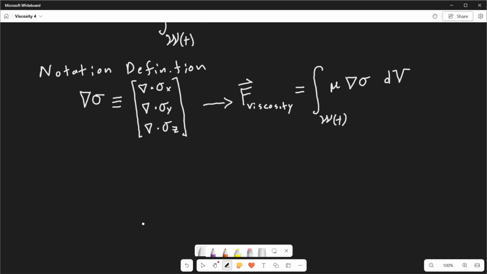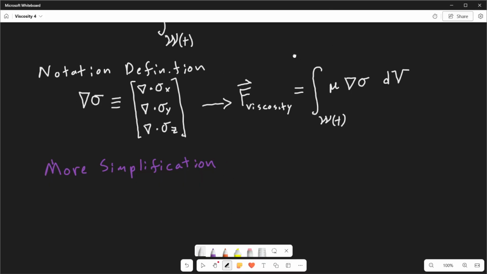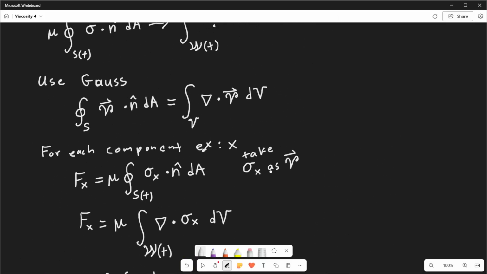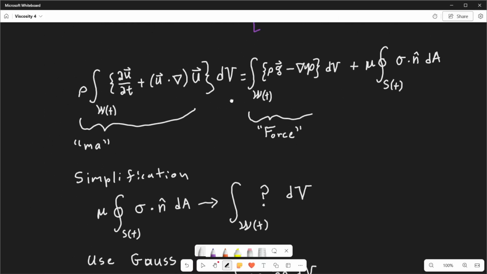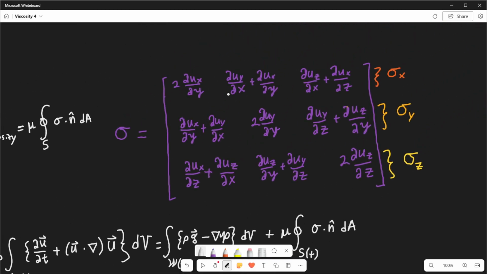So this is more simplification. It turns out that sigma in its original form was just a construct of these velocity components and their partial derivatives.